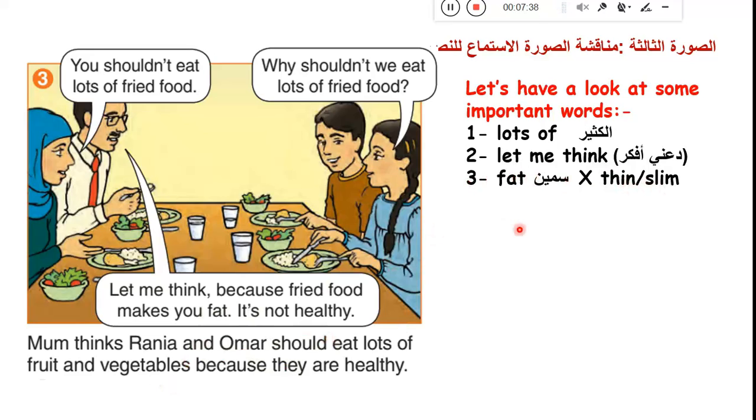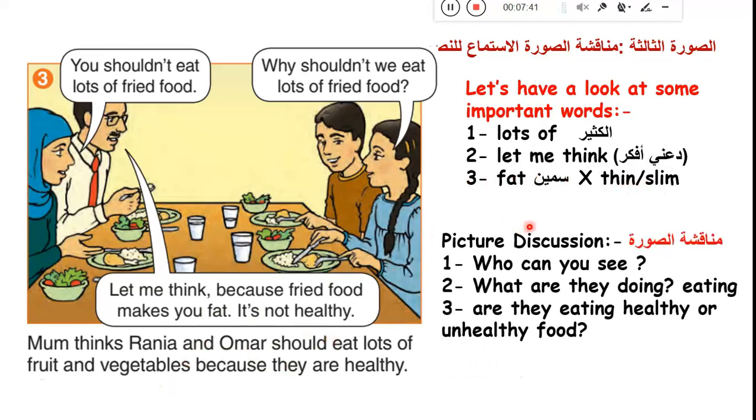Okay, now let's have a brief discussion about the picture. Who can you see? Who are these people? They are Omar's family. Here we have Omar's parents, mom and dad. And here we have his sister Rania. What are they doing? Are they watching a film?